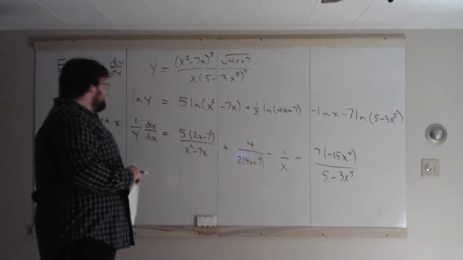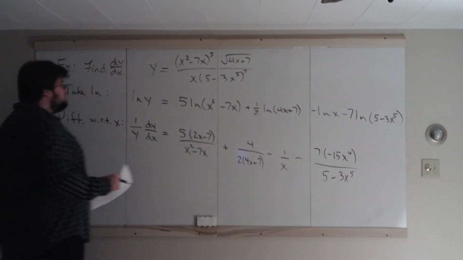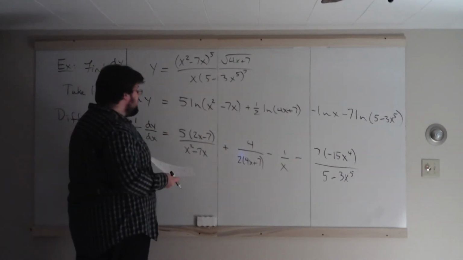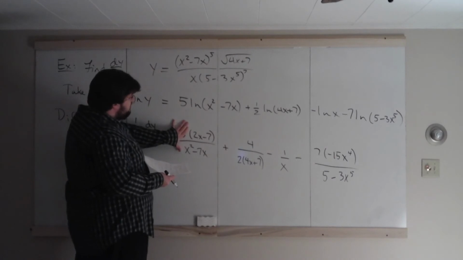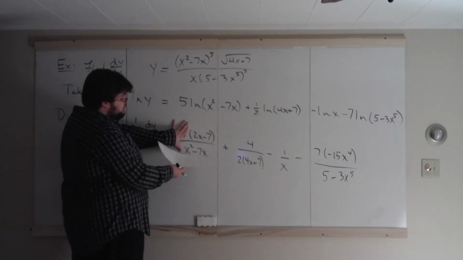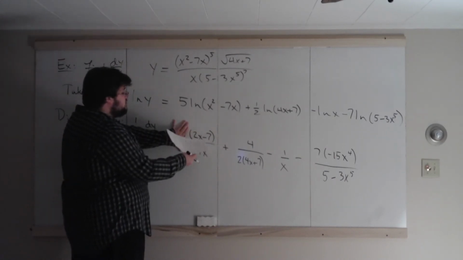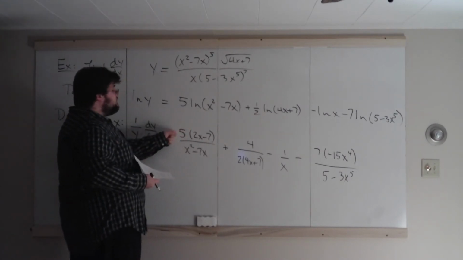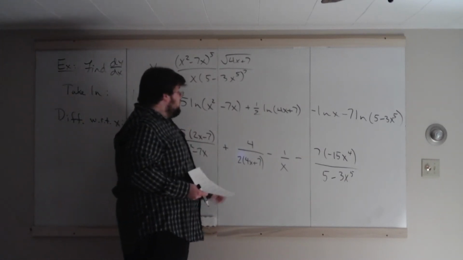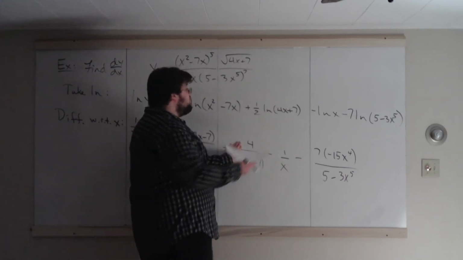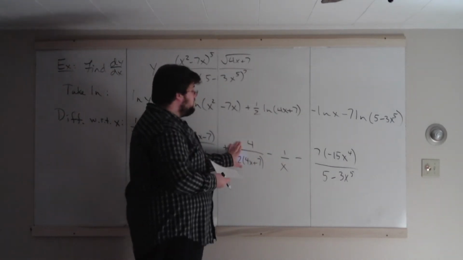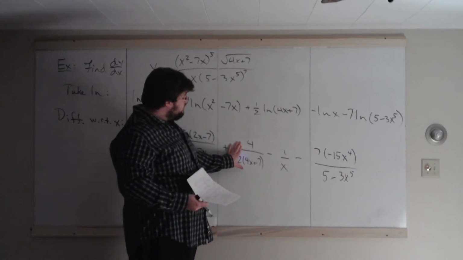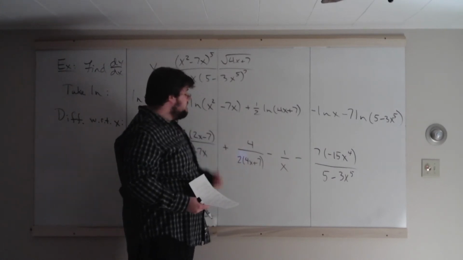So what do we have here on the right side? Well, the derivative of 5 log of that, the 5 you carry through. Derivative of log of something is 1 over the inside times the derivative of the inside. Derivative of x squared minus 7x is 2x minus 7, and the 5 carries through. Here we have a half. The inside is 4x plus 7, so we have 4 over 4x plus 7 times a half.